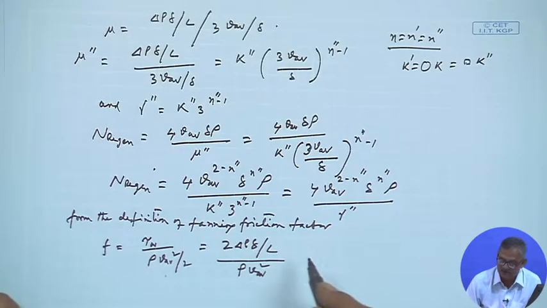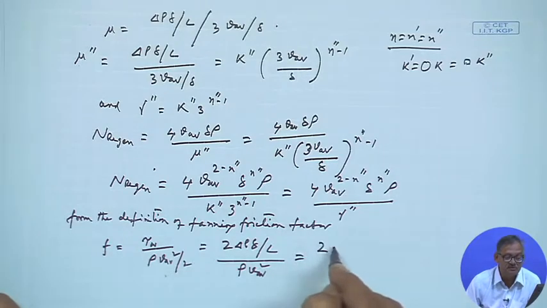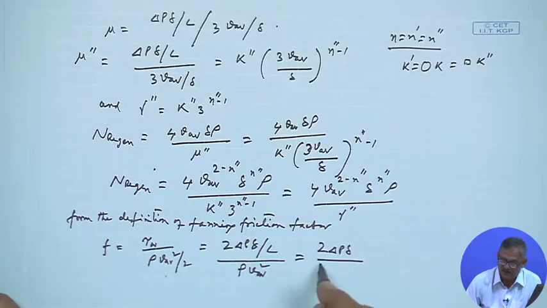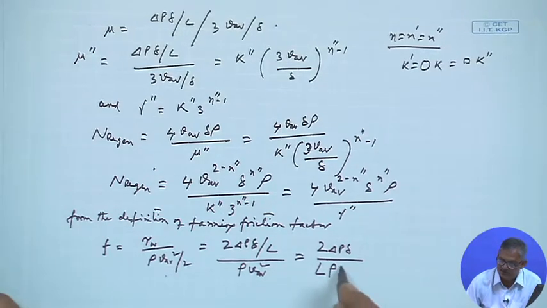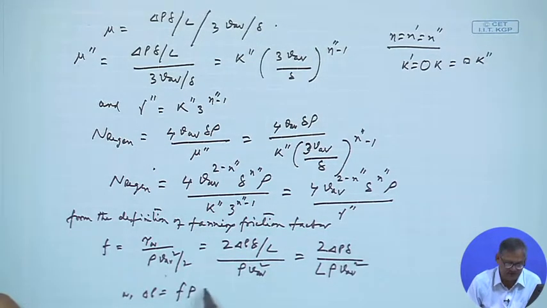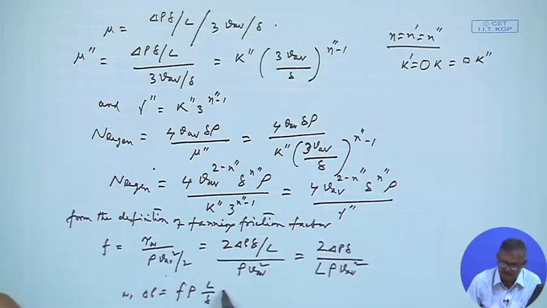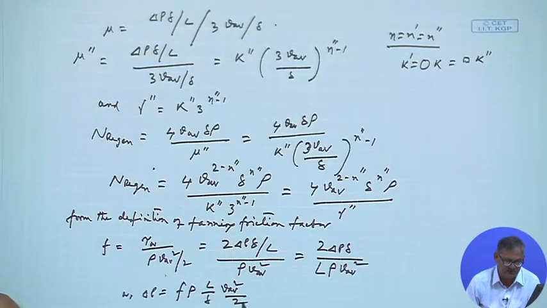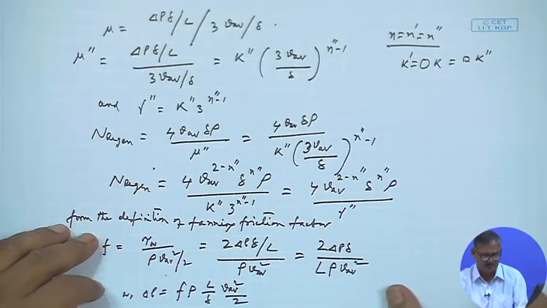This is equal to 2 delta P del over L rho V average square, or delta P is equal to F rho L by del V average square divided by 2.